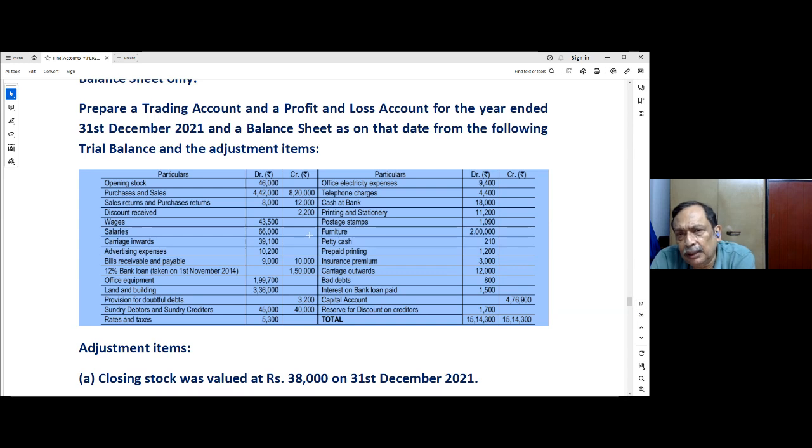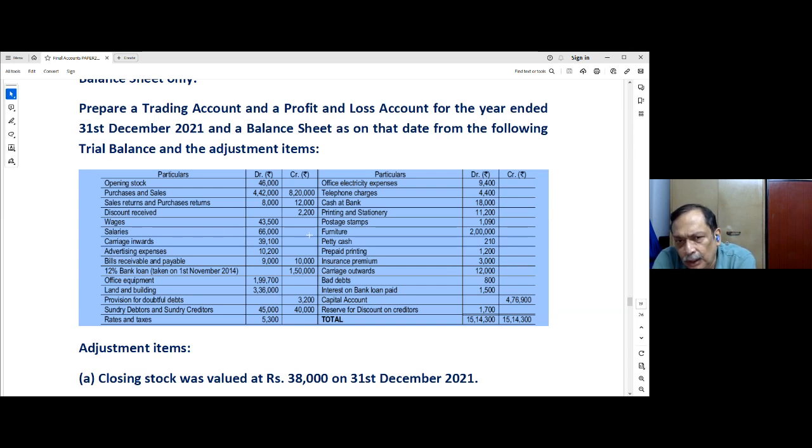Prepare a trading and profit and loss account for the year ended 31st December 2021 and a balance sheet as on date, from the following trial balance and the adjustment items. So we are provided the trial balance and we are provided with debit column and credit column and particulars.